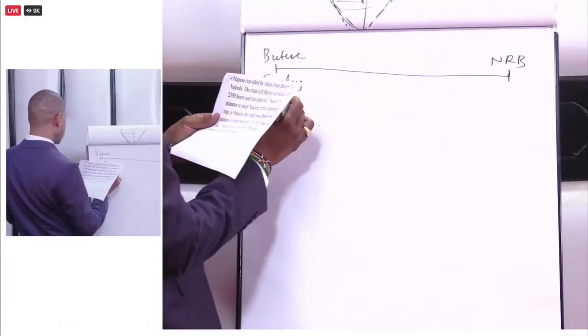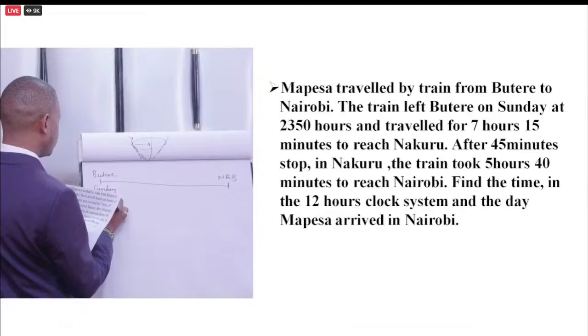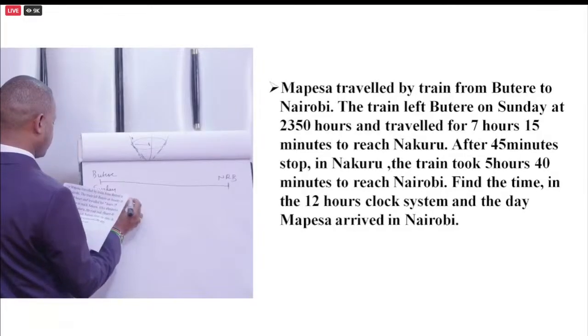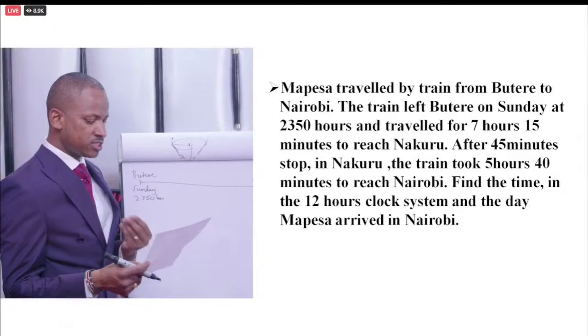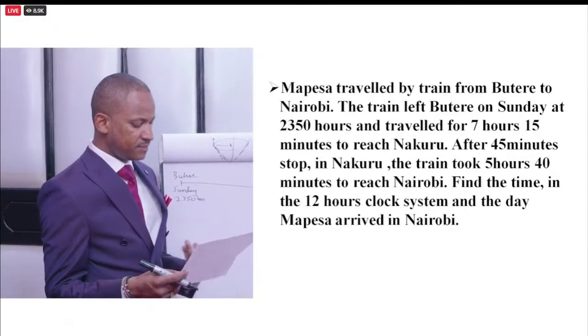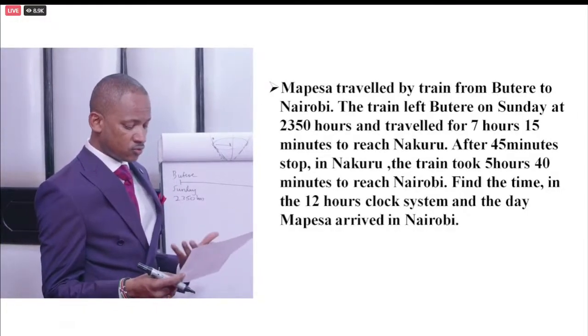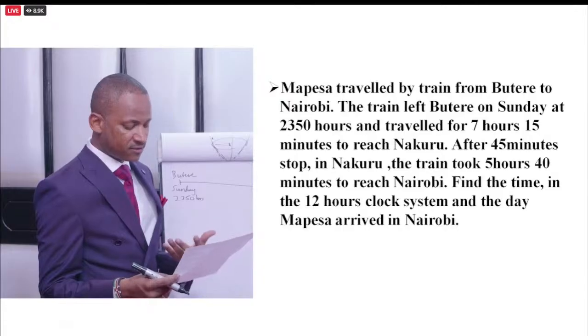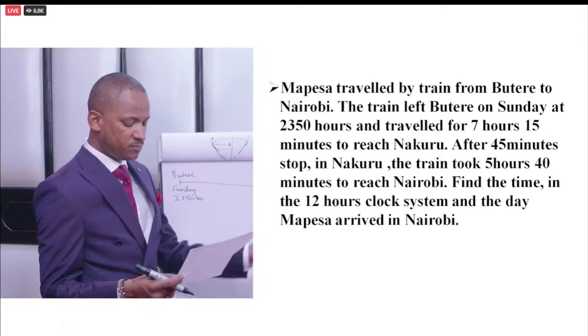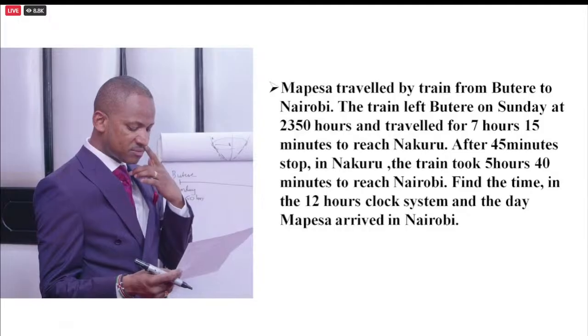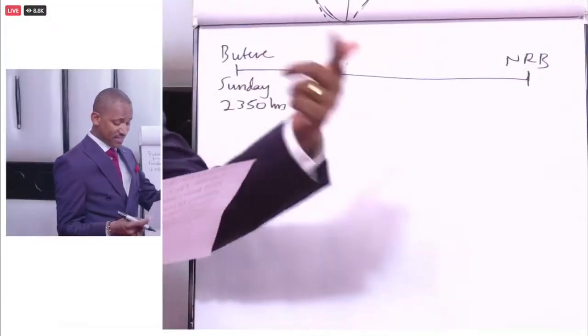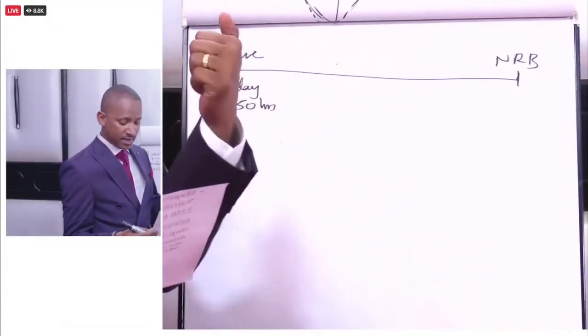But it left at what time? At 23:50 hours. And traveled for 7 hours 15 minutes to reach Nakuru. After a 45 minutes stop in Nakuru, the train took 5 hours 40 minutes to reach Nairobi. Find the time in the 24 hours clock system and the day Mapesa arrived in Nairobi.